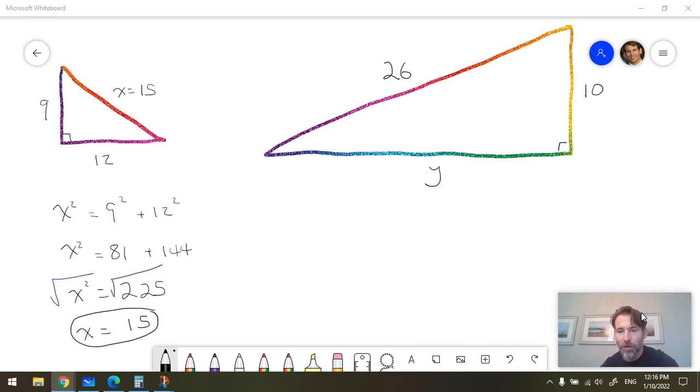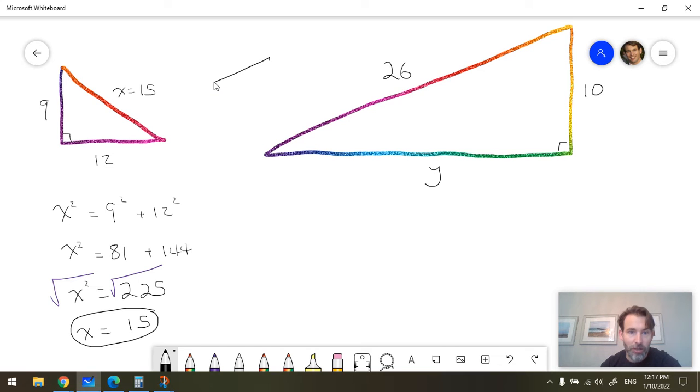What about up here, where I want to find this unknown, and it's on the bottom? Sorry, it's not the hypotenuse, when the hypotenuse is not the unknown. In that case, I do the same thing, but I make sure that the hypotenuse is alone on the equal side.